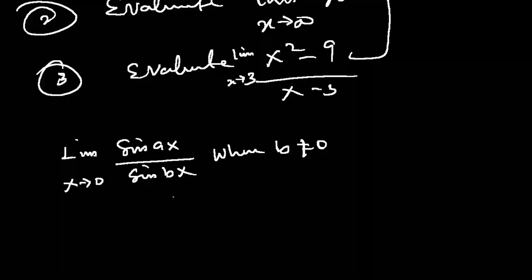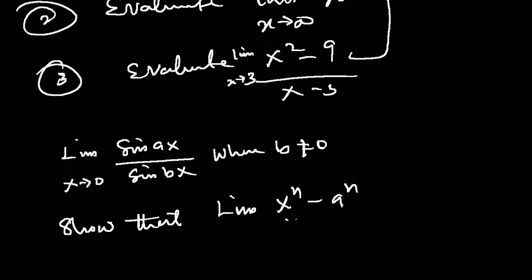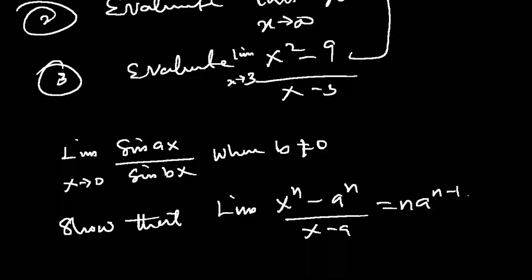Okay, so you can as well try this. This one is just proof. Show that the limit of x to the power of n minus a to the power of n divided by x minus a is equal to n multiplied by a to the power of n minus 1, as x tends to a.